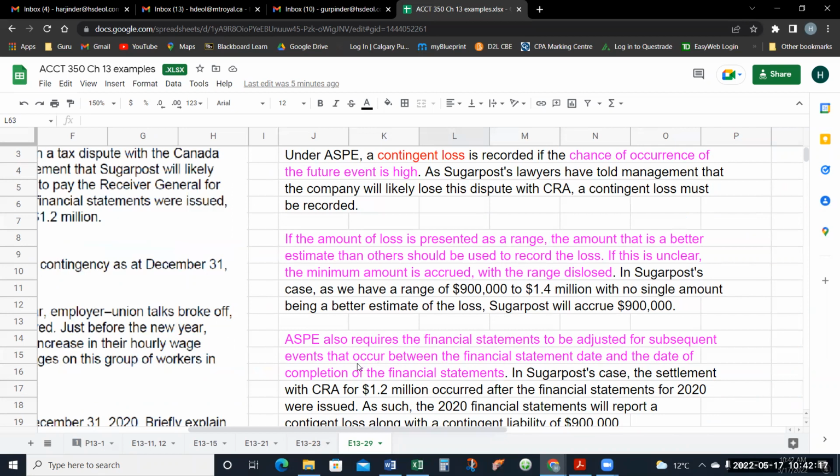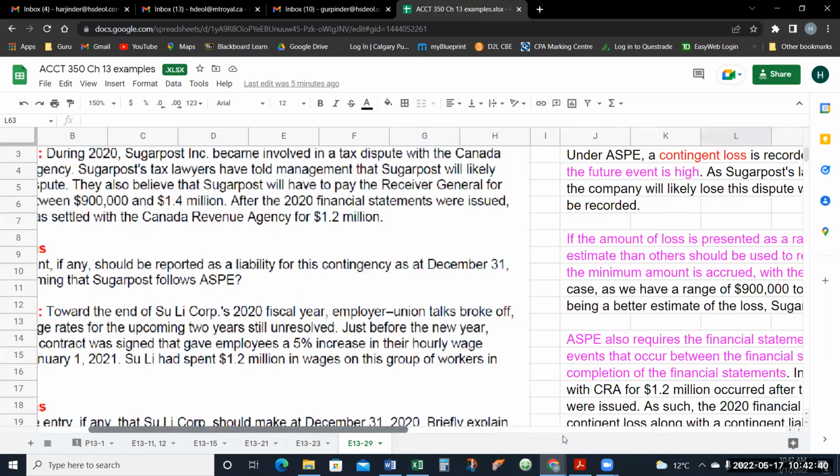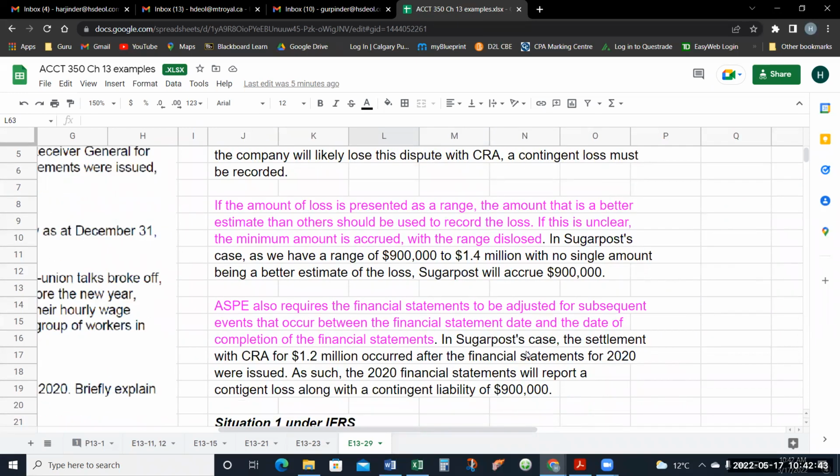So without making it too complicated, if the settlement with CRA had happened before the financial statements for 2020 were completed, then for the balance sheet dated December 31st, 2020, Sugar Post would need to have reported $1.2 million, right? But that didn't really happen because in Sugar Post's case, the settlement with CRA happened after the financial statements were issued. So as such, for the balance sheet, it would be a contingent liability of 900,000 that gets reported.